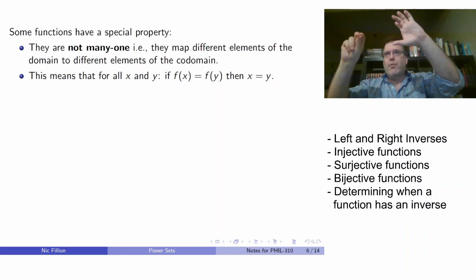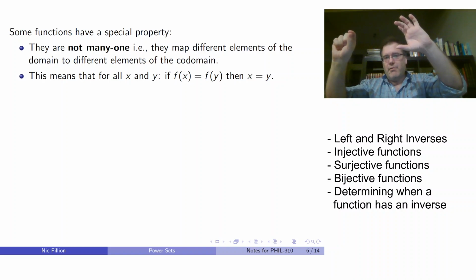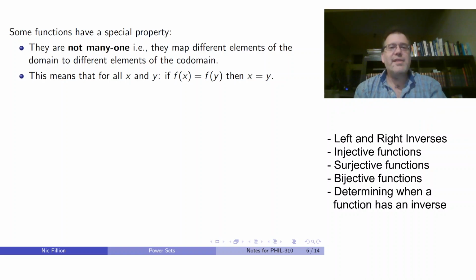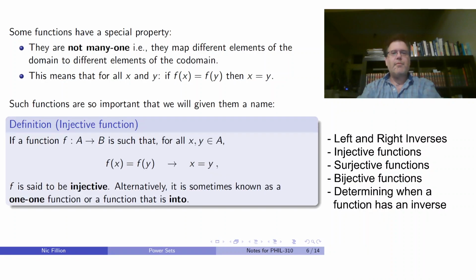If x and y were not the same, there would be two different objects mapped onto that object b. So to say that a relation is not many-one is to say that if f(x) equals f(y), that means x equals y.